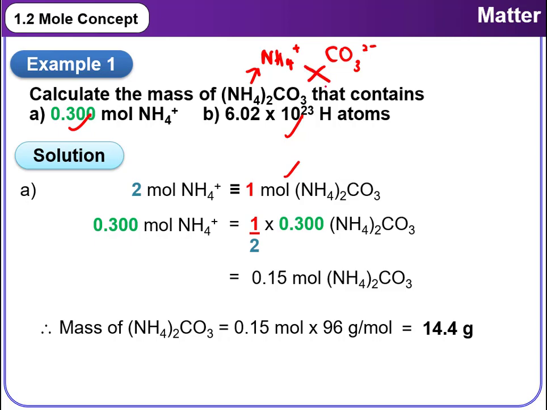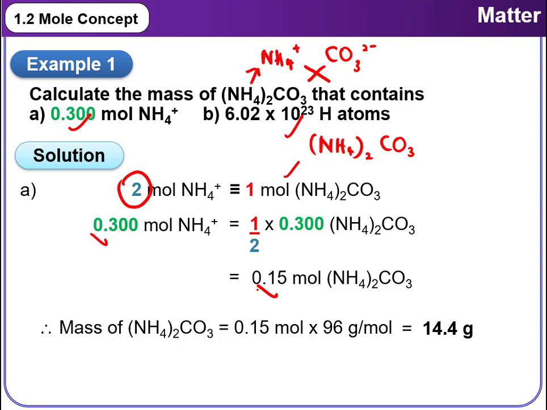When you cross, you have 2 mole of ammonium ion NH4 and 1 mole of carbonate ion. So that's why you put 2 here, which means 1 mole of ammonium carbonate has 2 mole of ammonium ion.